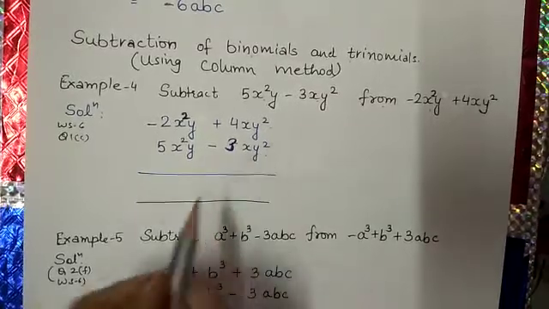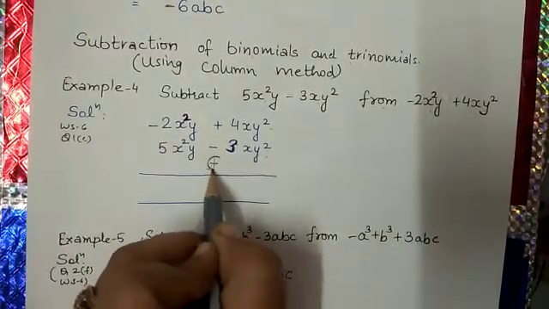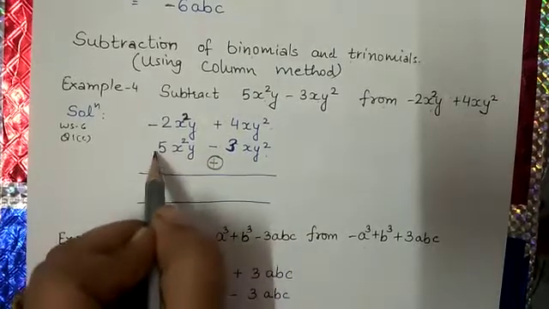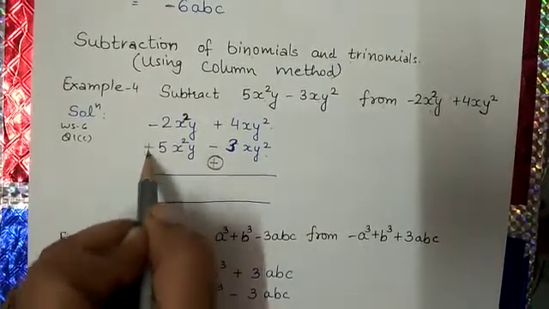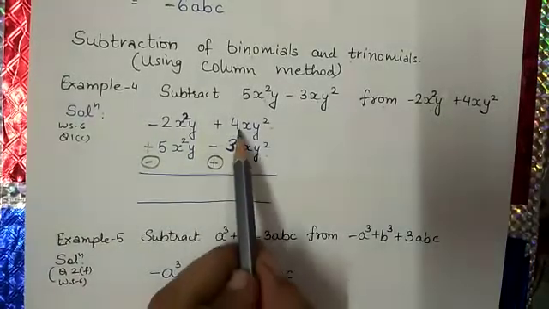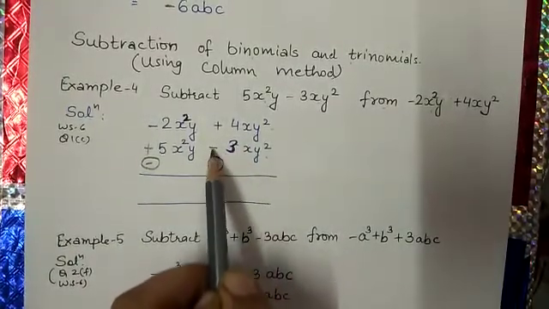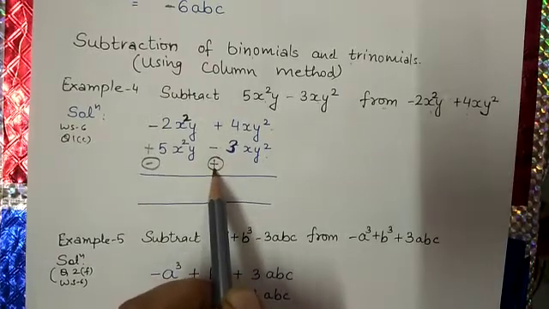Now listen carefully. While subtracting, we change the sign of the term which is written below, because when I am subtracting 4 minus 3, this is to be subtracted, so minus and minus becomes plus.